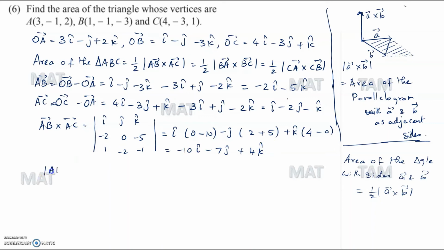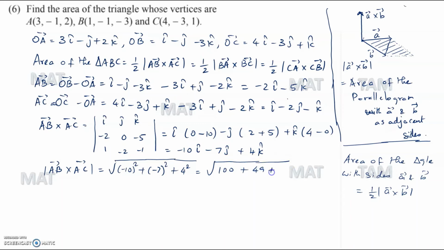So the magnitude of AB vector product with AC would be equal to the square root of minus 10 squared plus minus 7 squared plus 4 squared. That's equal to root of 100 plus 49 plus 16, which equals the square root of 165.